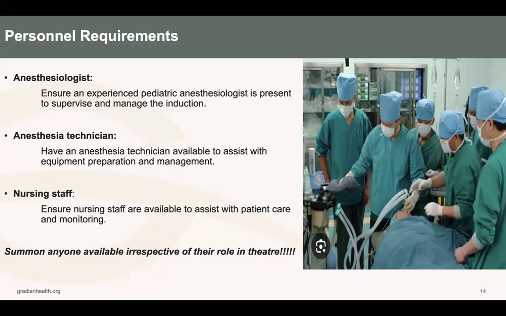You need anesthesia technicians to be there. The nursing staff should also be informed. All the people should know what is going on, what the weight of the patient is, what the condition is, what will be done, what's expected, and what some of the anticipated complications are.